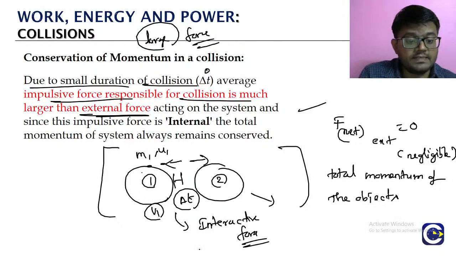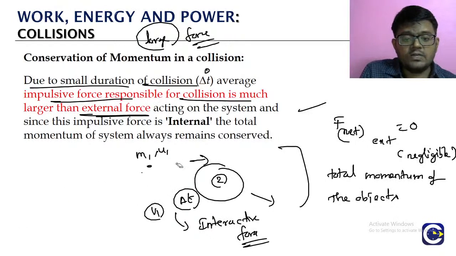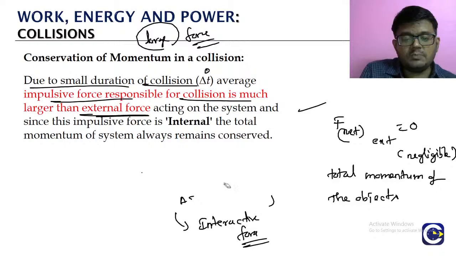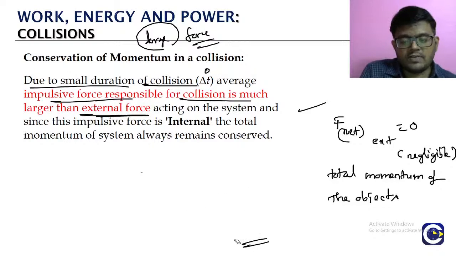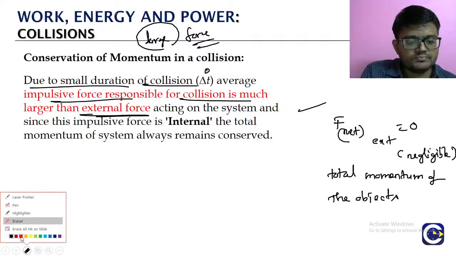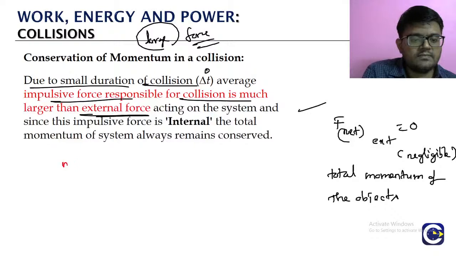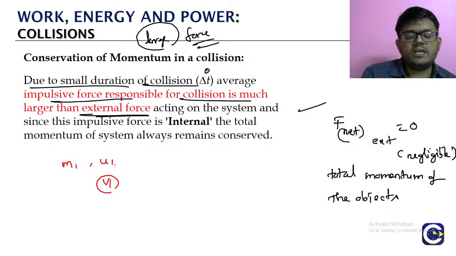Remaining the same means, let us say we are considering two objects. The first object has mass m1 and initial velocity u1. After collision, let us say the velocity is v1.